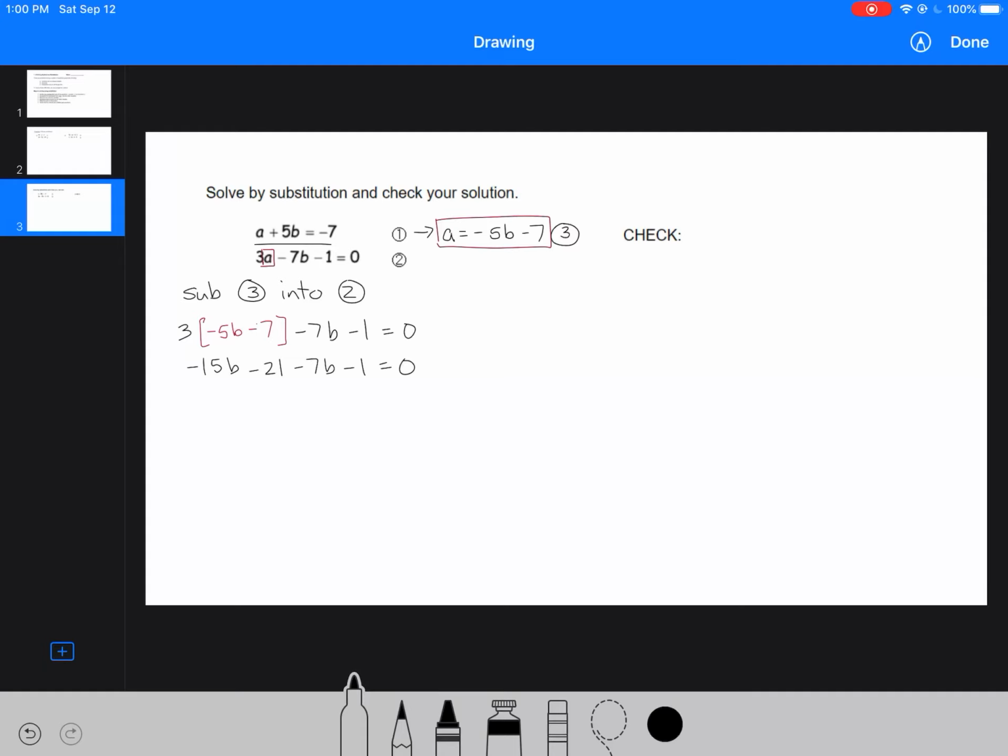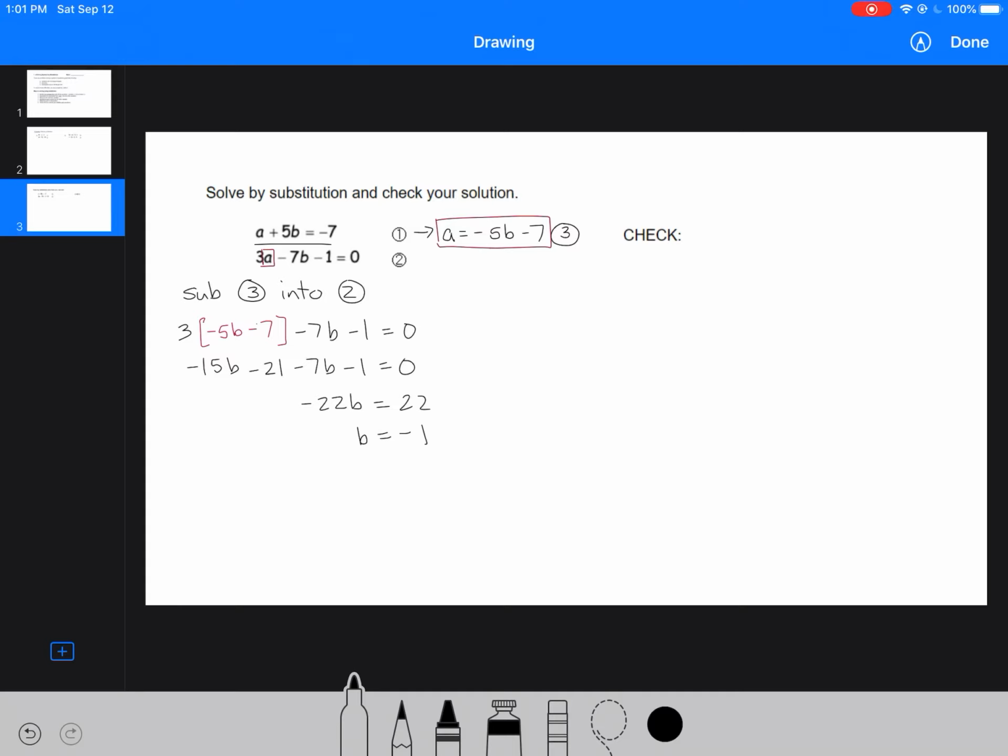Now I can collect like terms. So it looks like I've got minus 22b on the left side, minus 22 on the left side turns into positive 22, which gives me b equals minus 1.